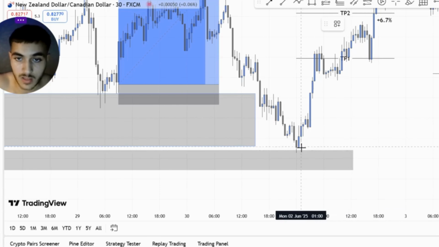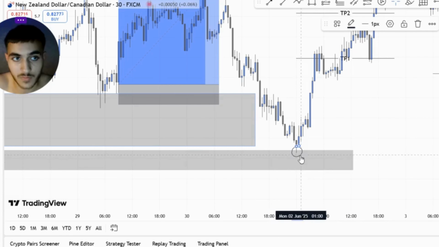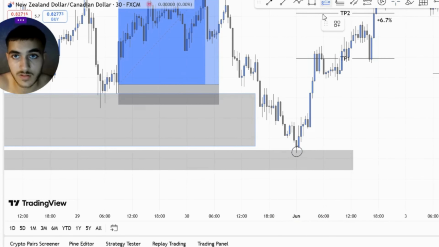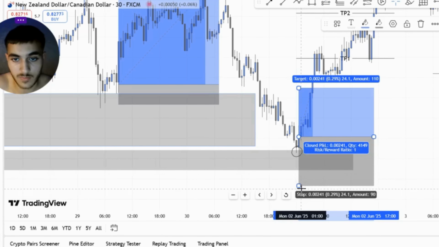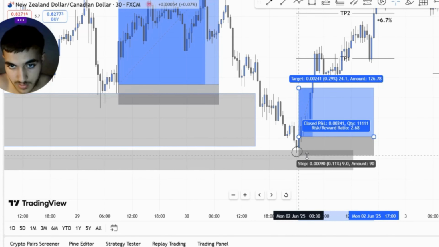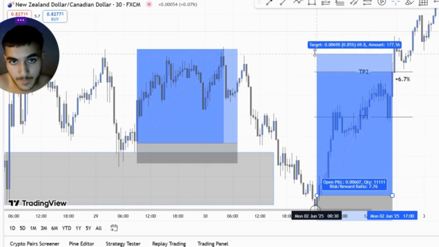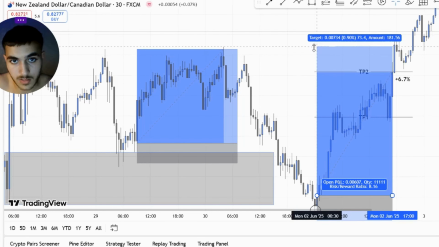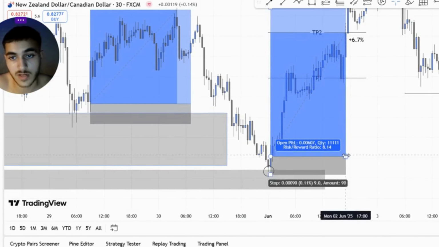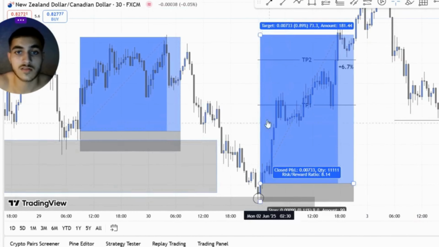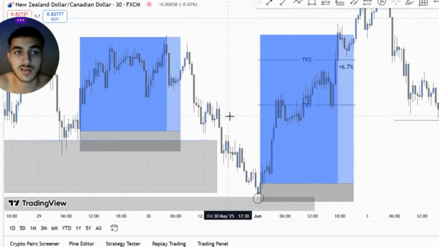Okay, we have the wick from our zone, and we have the candles that close in our direction. Okay, we put the stop loss under the wick by 1 pip. Our target will be this high. So as you can see, this was my second trade.